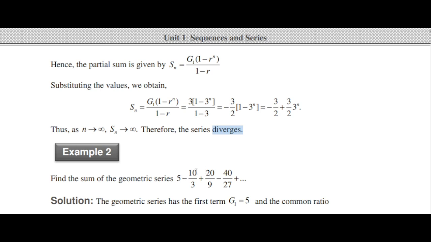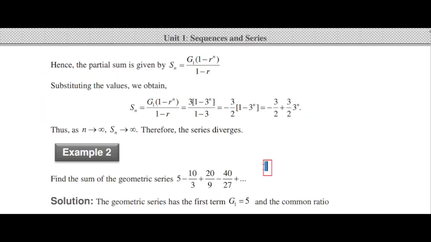So r is equal to minus 10 over 3 times 1 over 5, which is equal to minus 10 over 15. Let's simplify this by 5: minus 2 over 3.